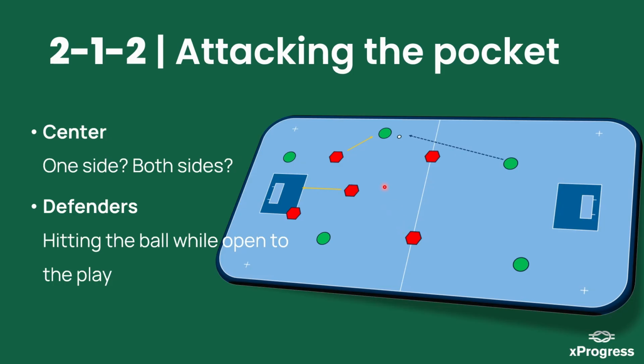So I'd say the big advantage here is that you have a player open to the play who's attacking, who has everything in front of him. And the disadvantage, of course, could be that you could allow too much space, like in the corner. But these two ways are the main two ways of trying to handle the pocket, because like you see, there is this opening here in this pocket, which is something you have to take care of. So these would be the two main concepts that we will cover later on with game film as well.